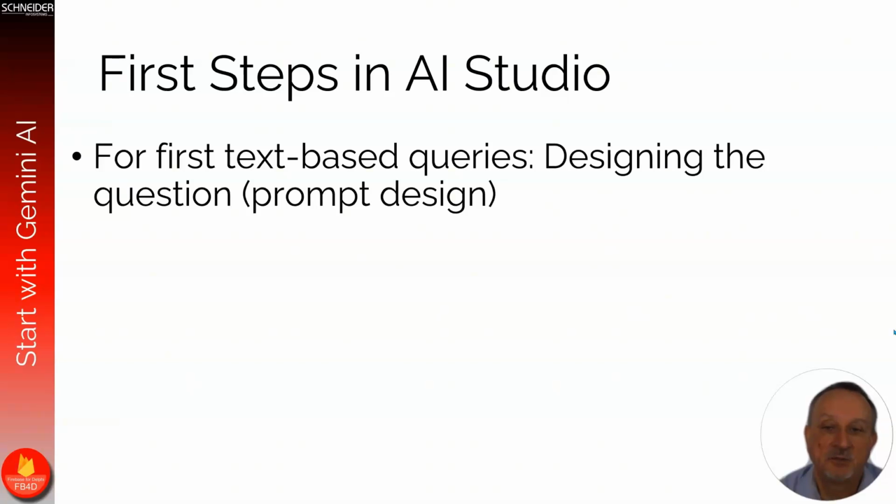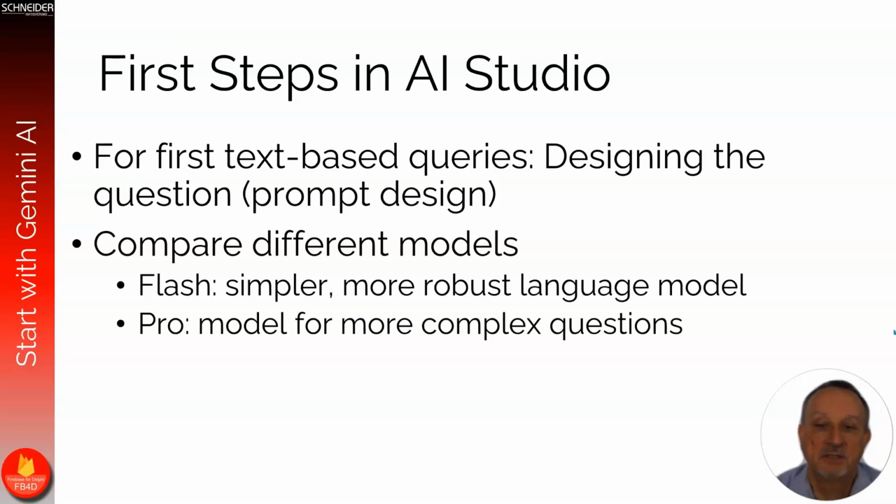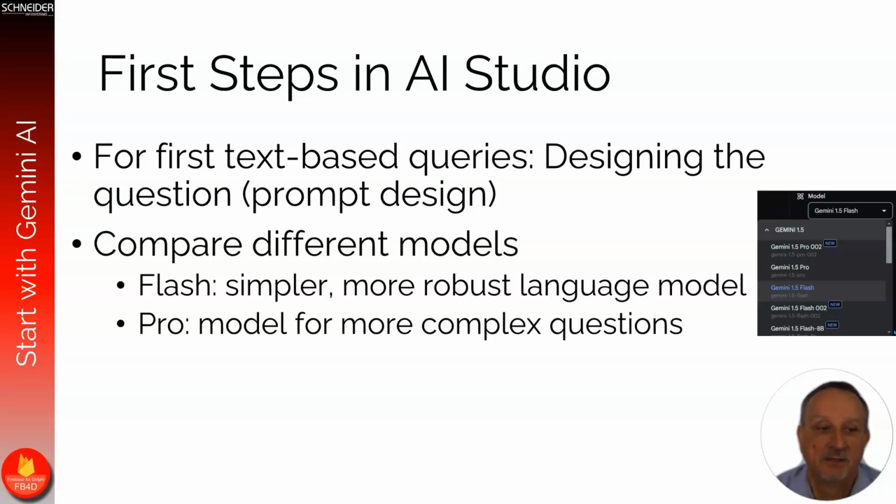In the AI Studio, we can also take our first steps with text-based questions and learn how to ask them. This discipline is called prompt design. You can also get to know the current models here. Flash models are simpler and more robust.